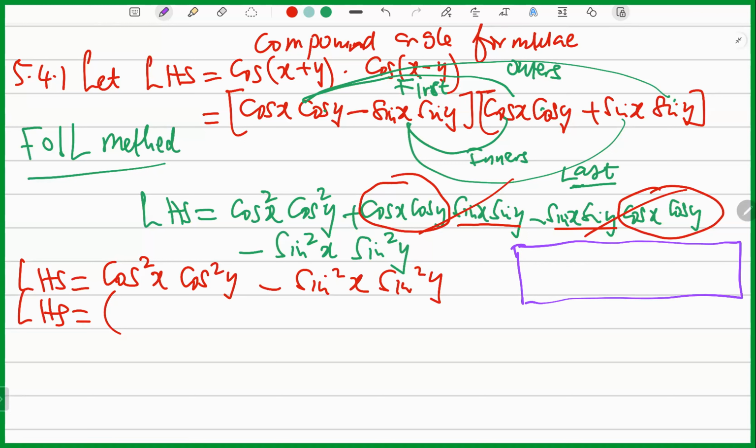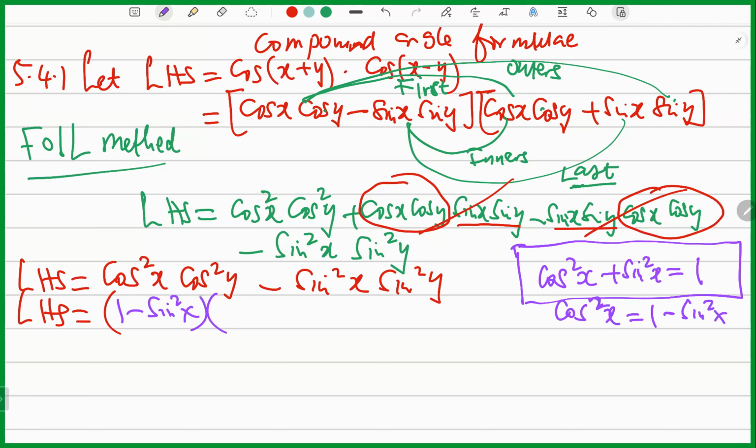They taught us that if you have cosine squared x plus sine squared x, the result is always 1. It means that if I want to write cosine squared x, I can say cosine squared x is 1 minus sine squared x. So in place of cosine squared x, we have 1 minus sine squared x.